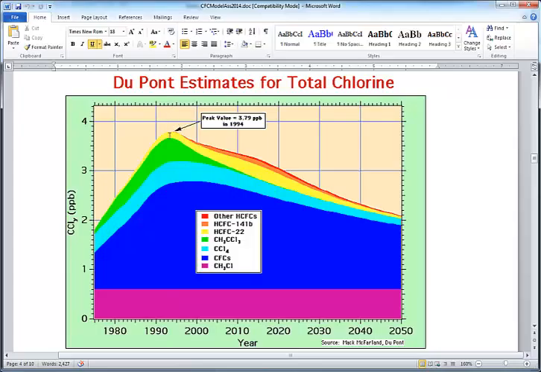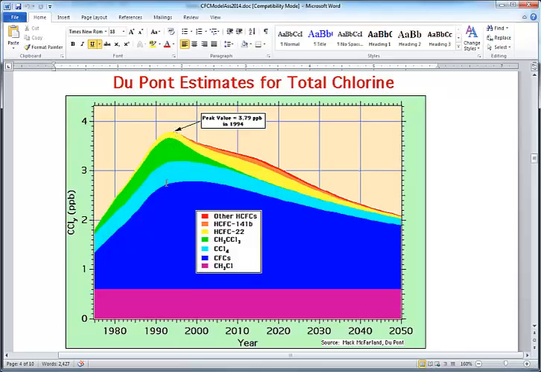So, for example, in the year 1990, actually, maybe 1993 or 94 is where it peaks out here. Okay, during that peak, the total concentration of chlorine in the atmosphere was about 3.7 parts per billion. I'm just reading over here.